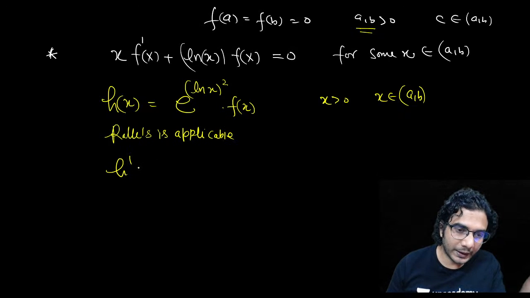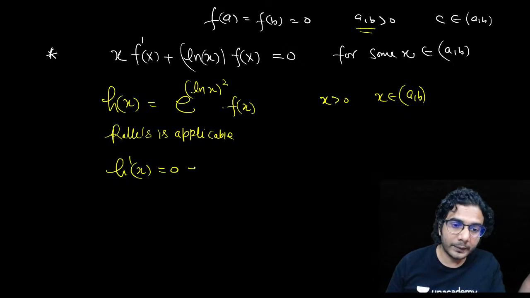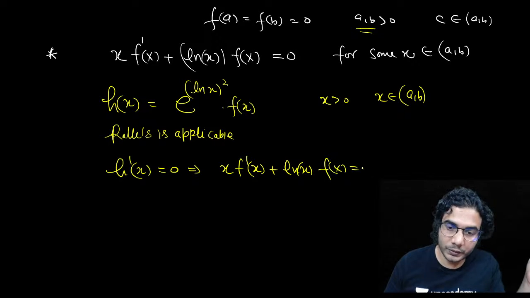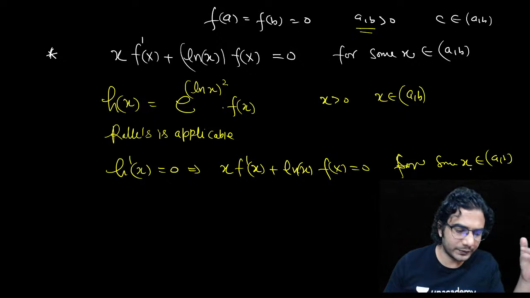Then you can write h dash x is equal to 0, and by putting that you can write x f dash plus ln x fx is equal to 0 for some x belonging to a to b, after dividing by e raised to ln x whole square. Or you can take some c belonging to a to b.